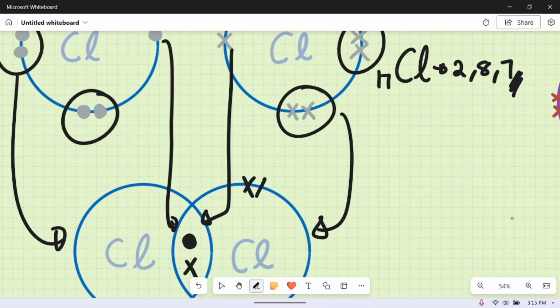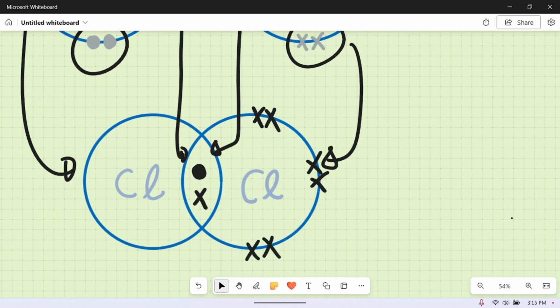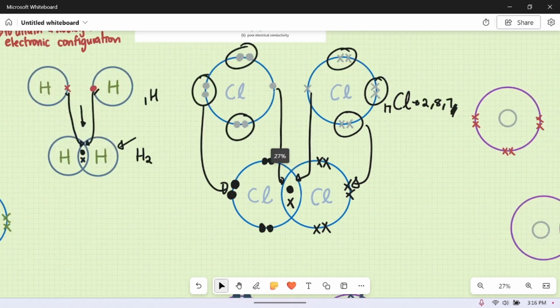So I need to show that chlorine obviously had these electrons that are not bonded, but are in its outer shell, and these need to be represented. A lot of people just draw this covalent bond, these shared pair of electrons, and forget these outer electrons, and that will lose you a mark because that is not a full outer shell.